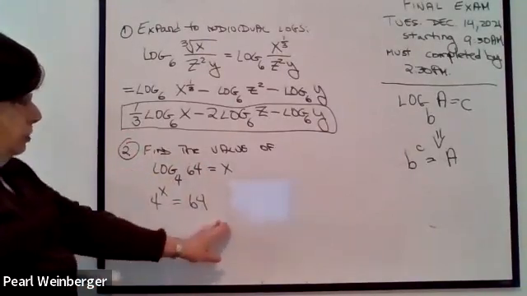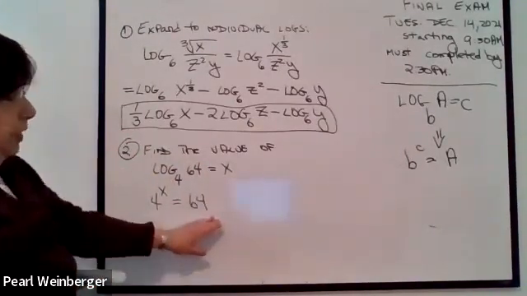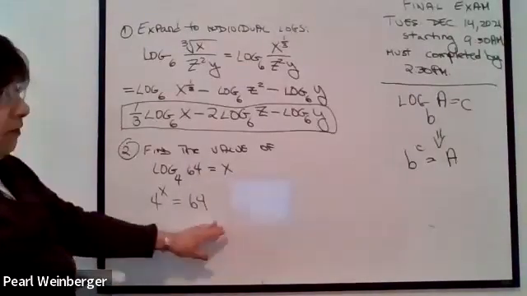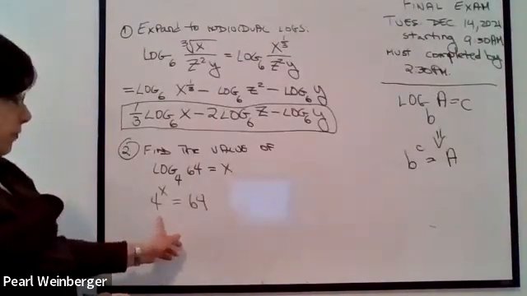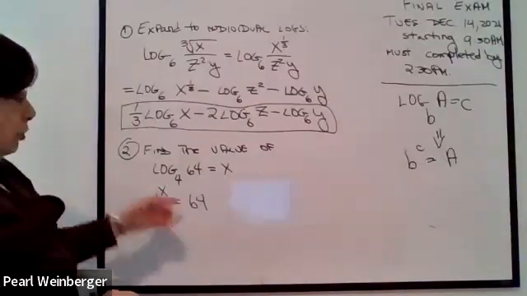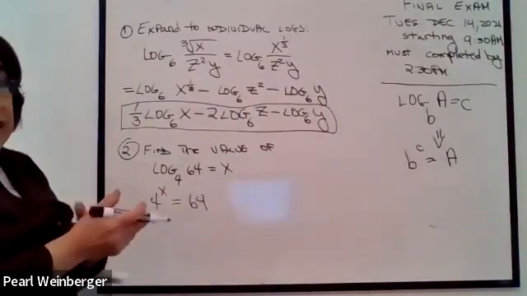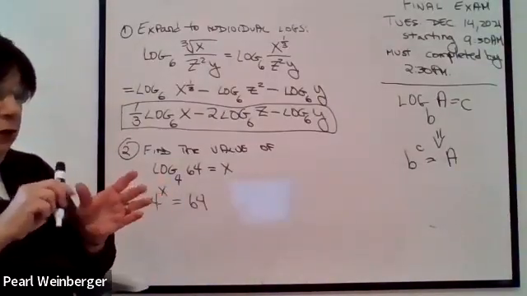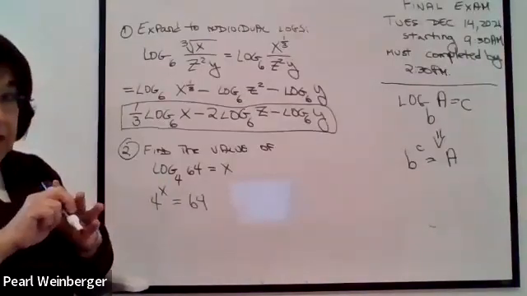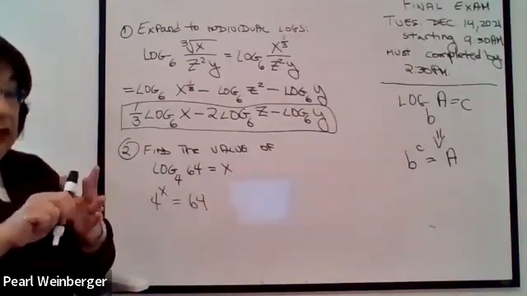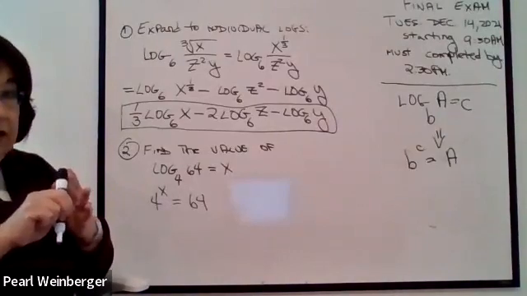And really, this is just an exponential equation that we have to solve. We try and figure out 4 to what exponent will give us 64. So let's do it. 4 times 4 gives me 16. 16 times 4 gives me 64.